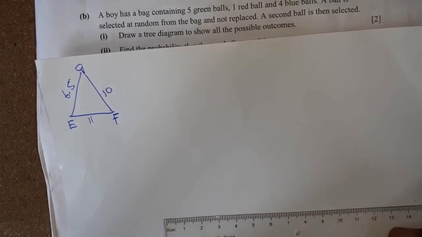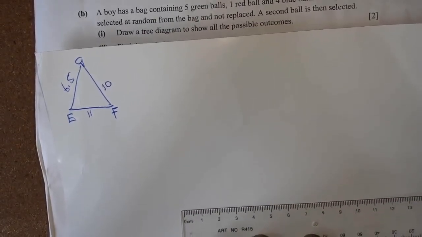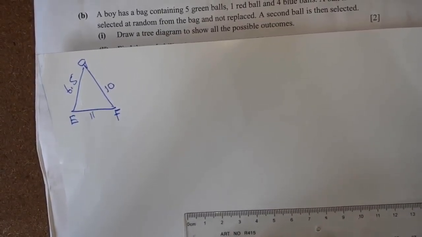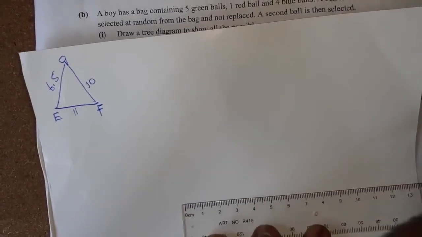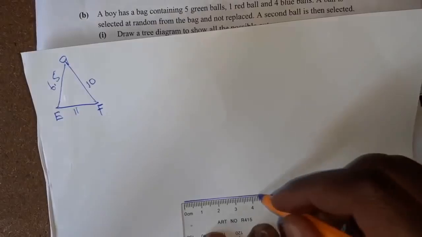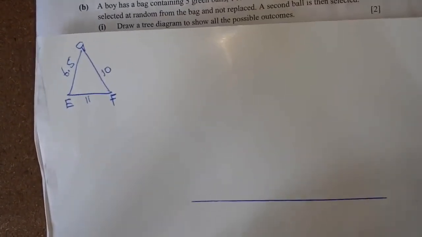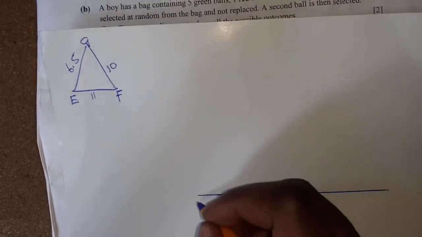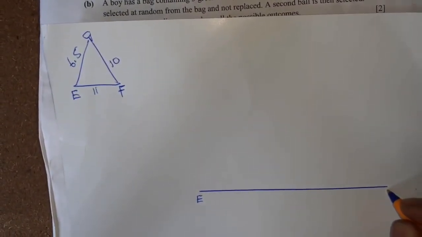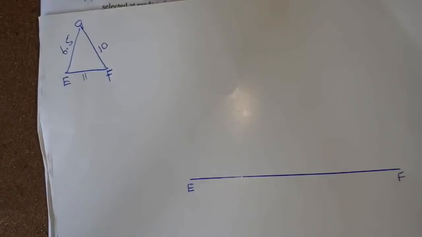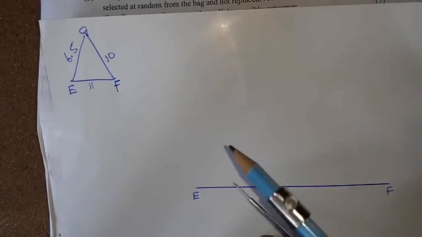Are you able to see where 11 centimeters is? So it's from this point up to here. Okay, this is 11 centimeters. So we have our E here, and then we have our F at this point.